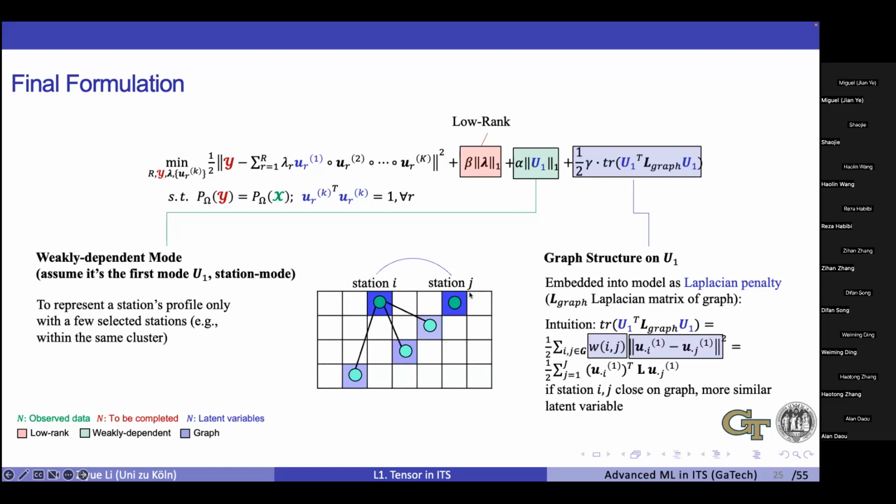So this is how we embed the graph information into the UI and UJ vectors. So overall, this is our final formulation of this task.